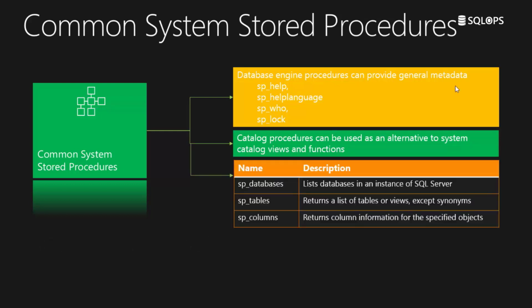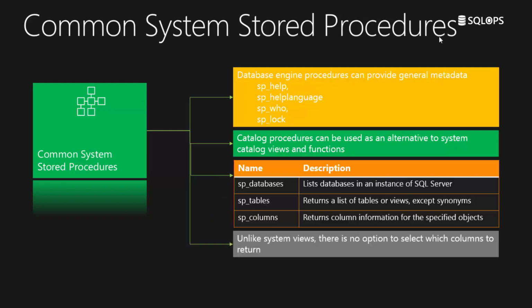For example, the sp_databases procedure lists all the databases in an instance of SQL Server just like the sys.databases view. sp_tables returns a list of tables or views except synonyms, and sp_columns returns column information for the specified objects. Unlike system views, there is no option to select which columns to return or to filter the data using the where clause when you're using the system stored procedures.